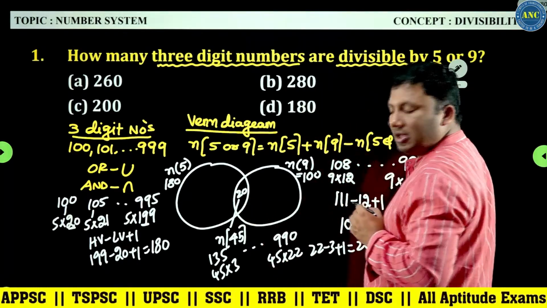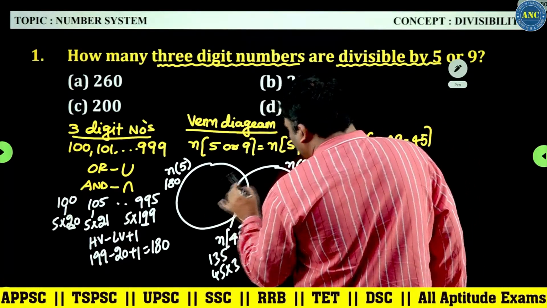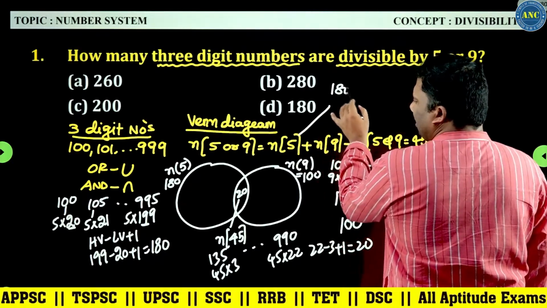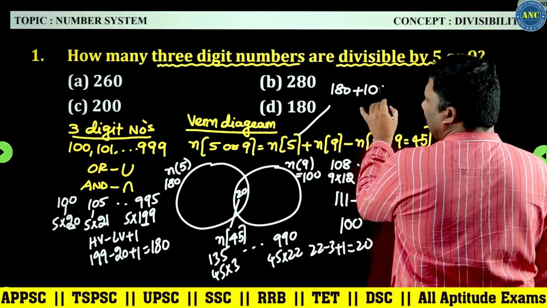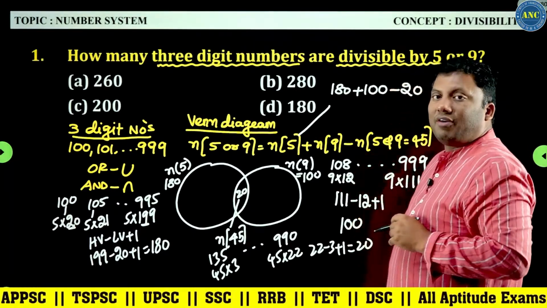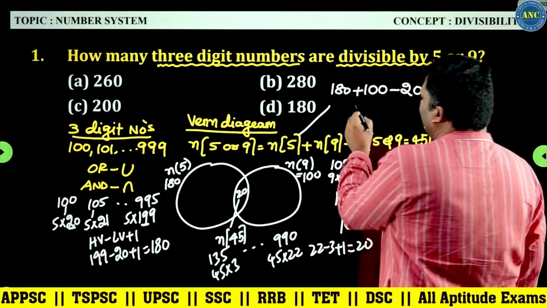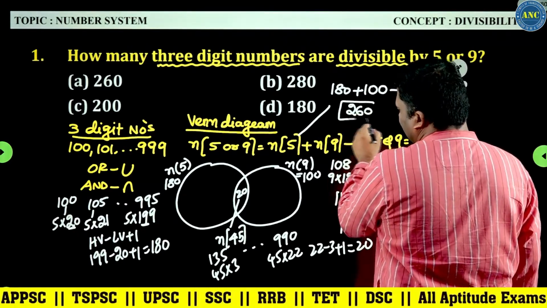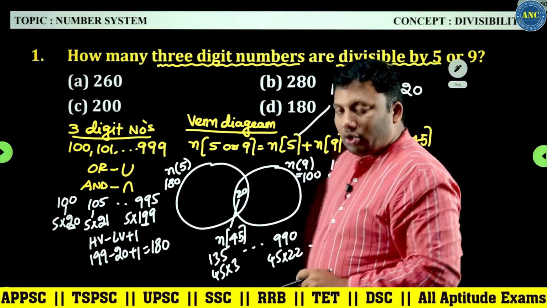Are you all with me? So the total answer will be n of 5, which is 180, plus n of 9, which is 100, minus the number of multiples of 5 and 9, which is 20. 280 minus 20. The answer for this question is 260.